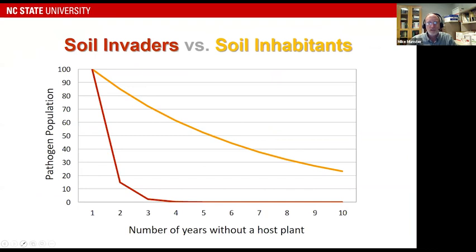Now, those that survive in the soil in one way or another can be divided into two general categories: soil invaders and soil inhabitants. So the soil invaders are usually associated with plant tissue, so that once it breaks down, then you're home free, sort of. The red line on the graph would indicate a soil invader situation.